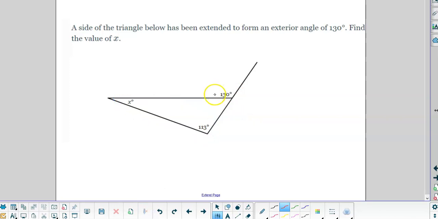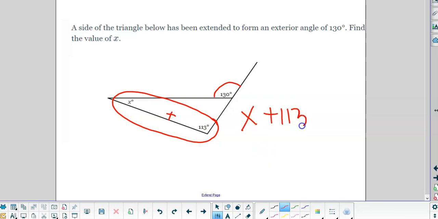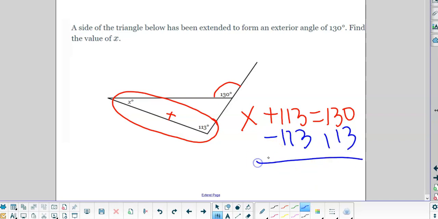So the rule is the exterior angle of a triangle is equal to the sum of the two remote interior angles. So x plus 113 is equal to 130. Notice I'm not using a 180 this time because I'm using a different rule.